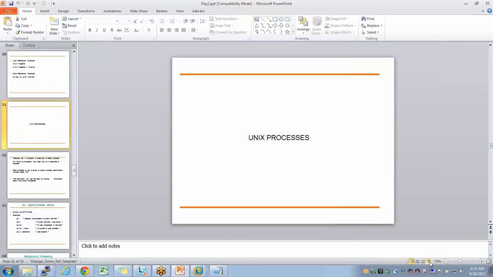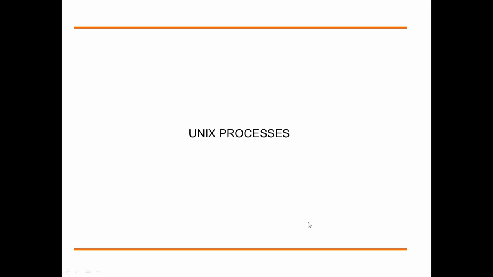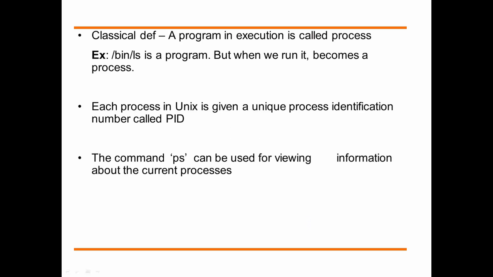Let's look at the theory. A program in execution is called a process. /bin/ls is a program, but when we run it, it becomes a process. Each process in Unix is given a unique process identification number called process ID.